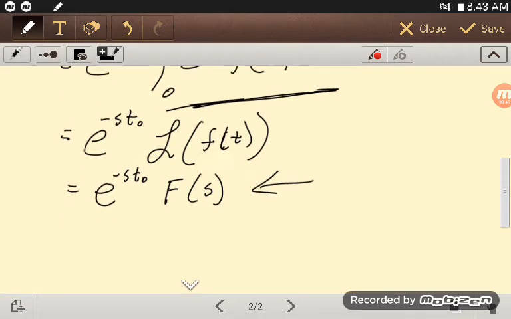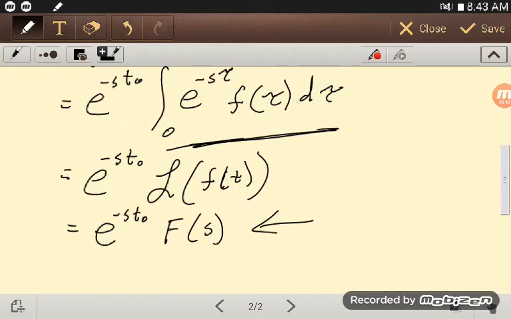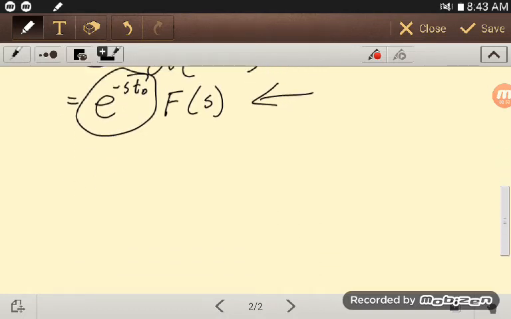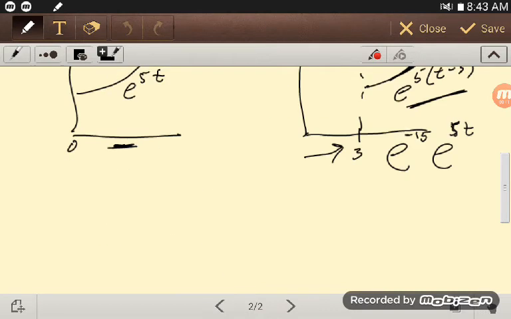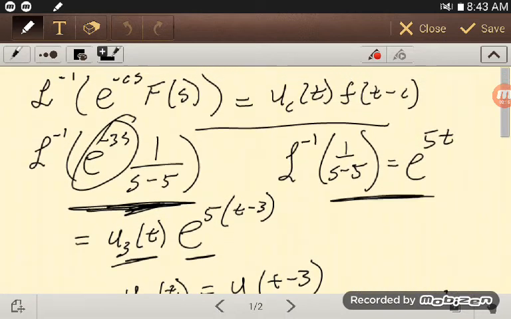So there's the formula they mentioned in the textbook, that if this is what you have in your Laplace space, so you've done the transform, you recognize that you have that thing, and then times a bunch of other stuff that hopefully you can take the inverse Laplace transform of, then what you do is we come back here, and if you recognize that sort of thing like we have here, you simply worry about taking the Laplace transform of the 1 over s minus 5, okay, like we did, and then since that's a 3, we substitute in our t minus 3 in for t.